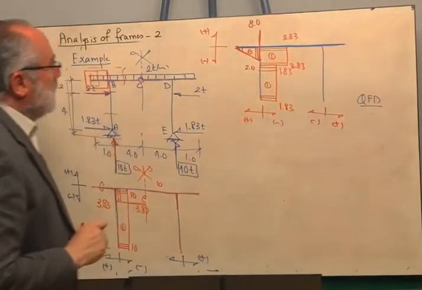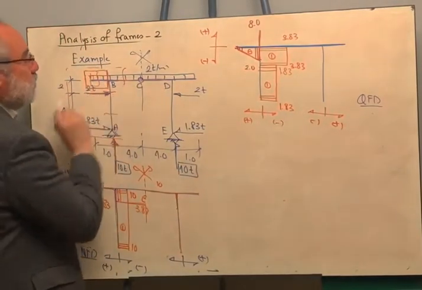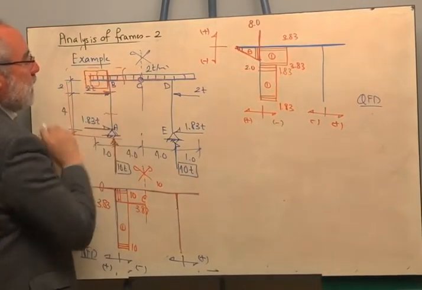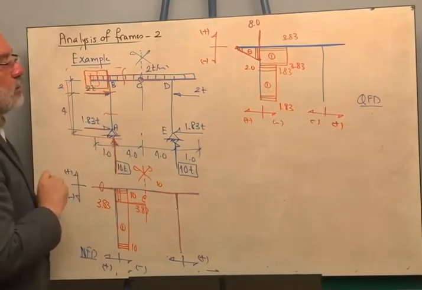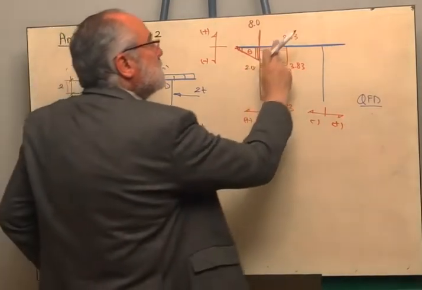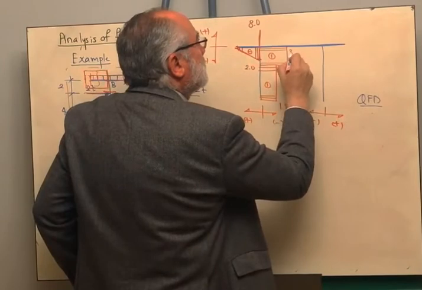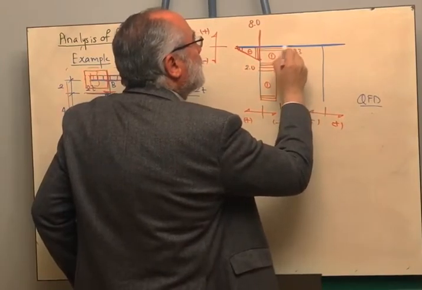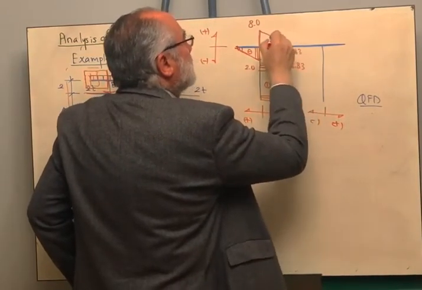Okay? Between this point and this point, we are having distributed load. Its magnitude is 2 by 4 and it is downward, then it is negative 8. So it will reach here 0.